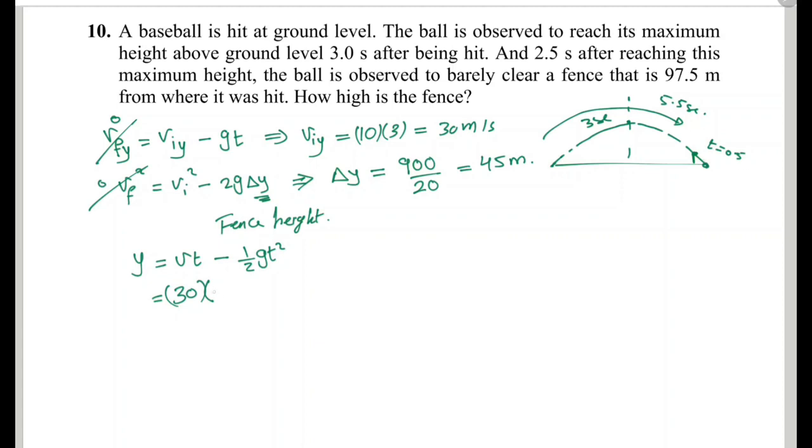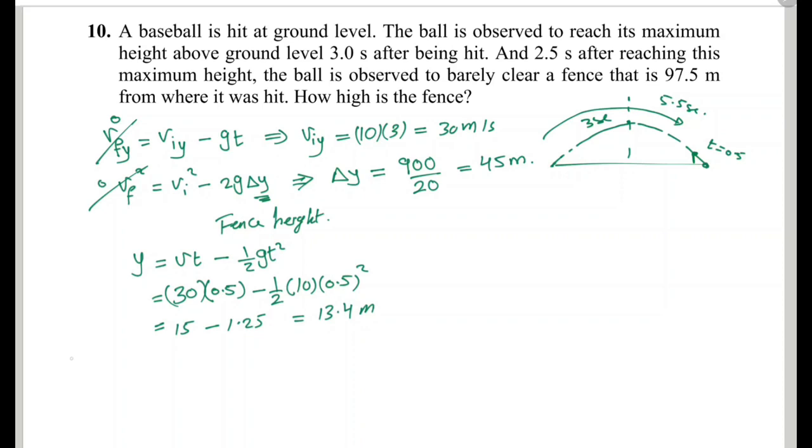So t in this case, it's 0.5, y = 30(0.5) minus half g (0.5) square, or 15 minus 1.25 equal to 13.4 meters. So the height of the fence is 13.4 meters.